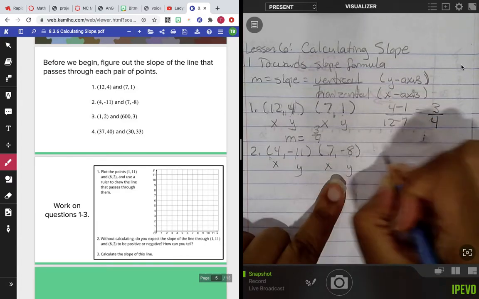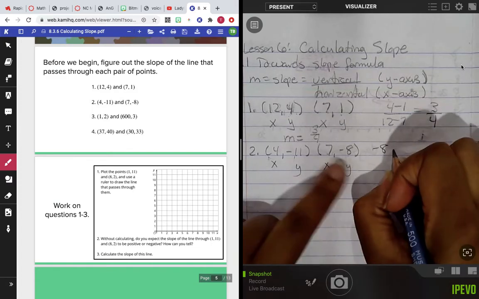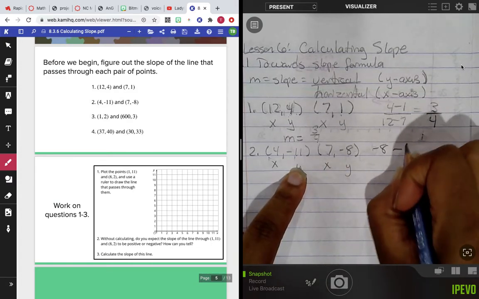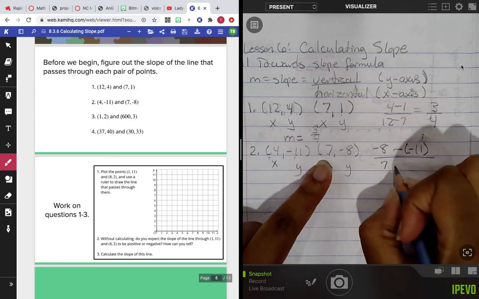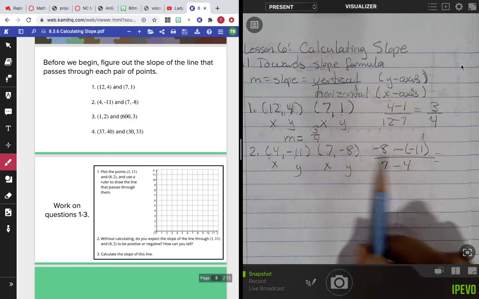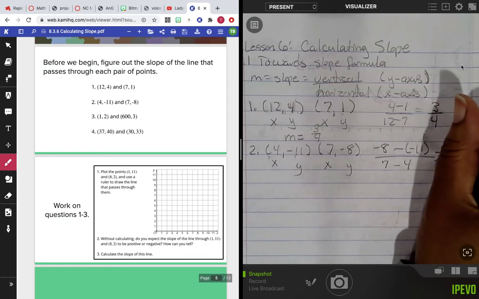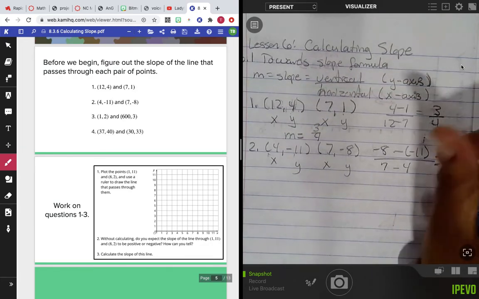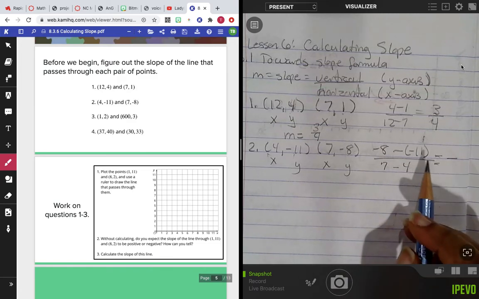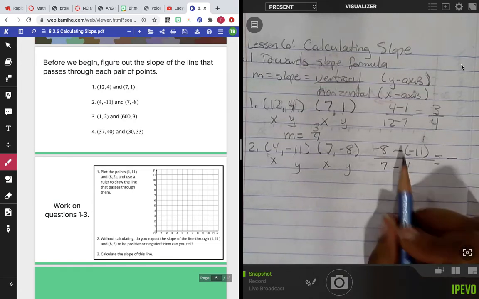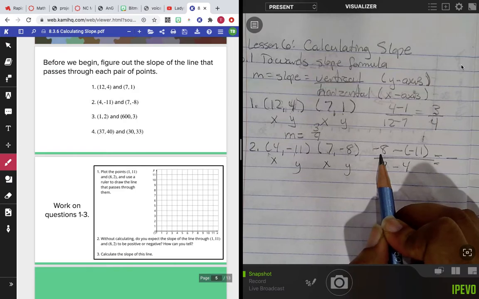So I'm going to use -8 first, and I'm subtracting from the other y, and 7 minus 4. Here, we have to go back and remember our subtraction rules for integers. When I'm subtracting two integers, I'm going to use copy, change, opposite. That stays, that's the copy.